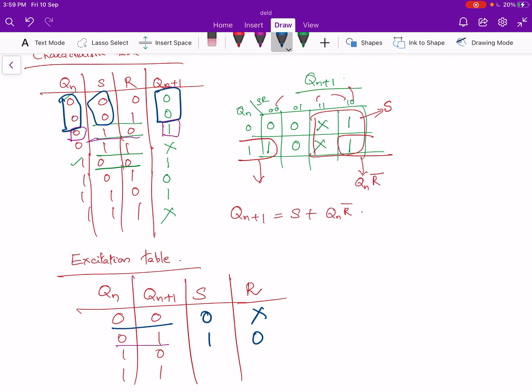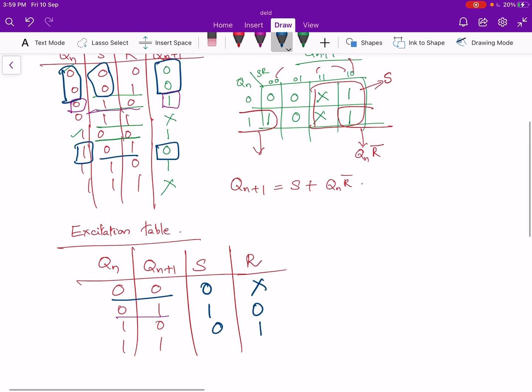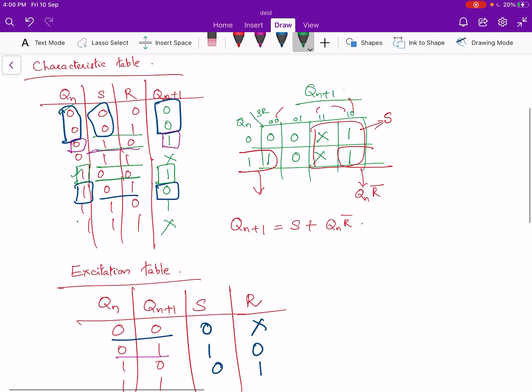Next case is 1, 0. Qn is 1 and Qn plus 1 is 0, so it is this case. Correspondingly we have S equal to 0 and R equal to 1. And the last case is 1, 1. Here Qn is 1 and Qn plus 1 is 1, and this is also 1, 1.